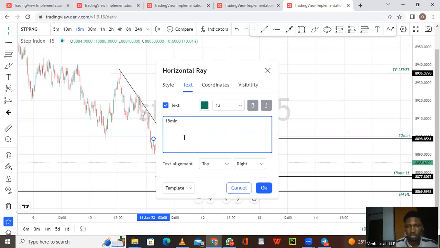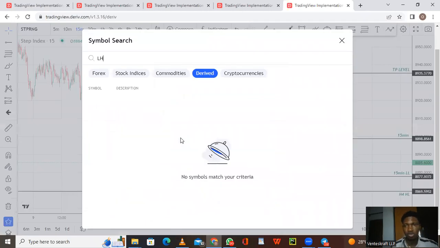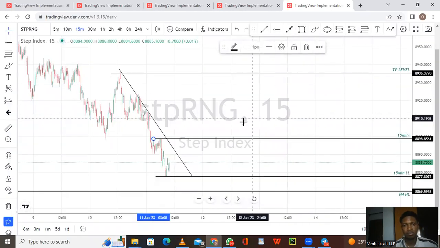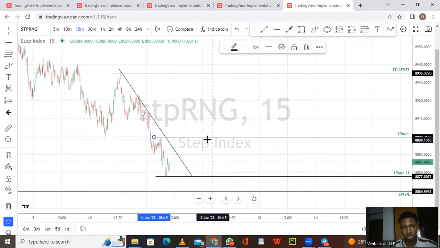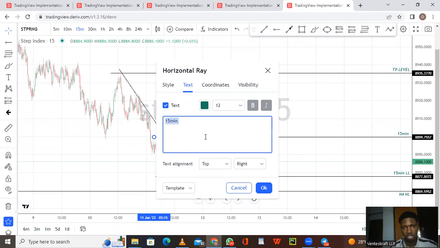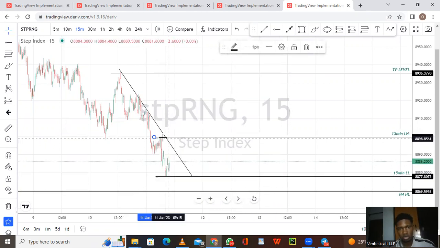So, 15 minutes lower high. Sorry, I have to label it for you to know the decision you want to take.